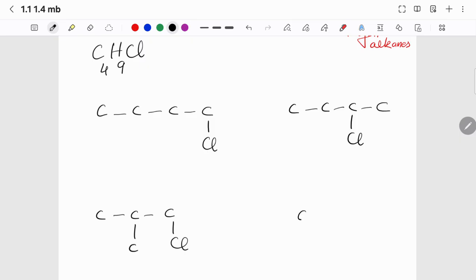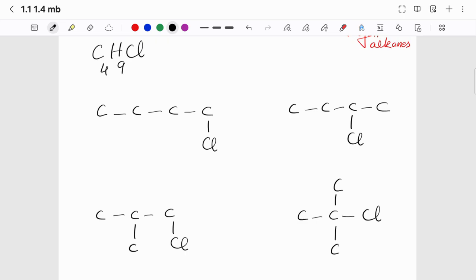Now 2 carbon like this and 1 carbon like this in branch, and chlorine is again attached with the first carbon. These are all the different arrangements of the atoms which were possible here, and this different arrangement of the atoms in a molecule having the same molecular formula is called isomerism.